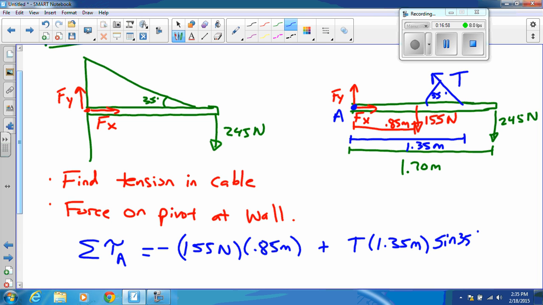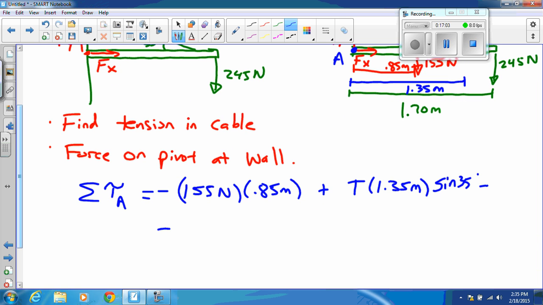And then finally, we go down and we have a clockwise torque of 245 newtons times 1.70 meters times the sine of 90 degrees, which is invisible. And all of that adds up to 0 in order for this whole thing to be in balance. Well, I look at my equation and I say, hey, that's pretty good. I've got one variable in my one equation, and I can solve for T.